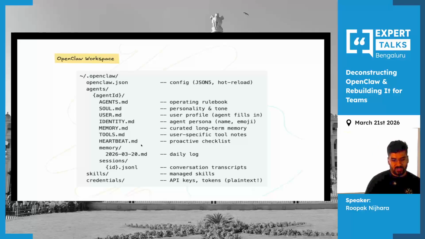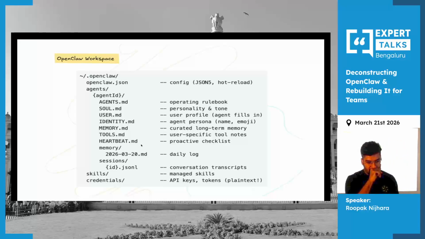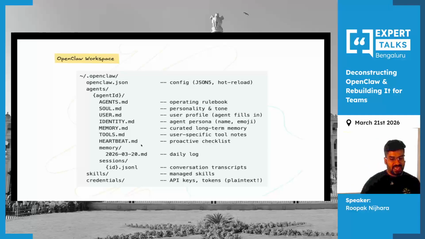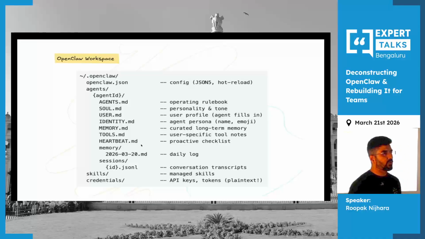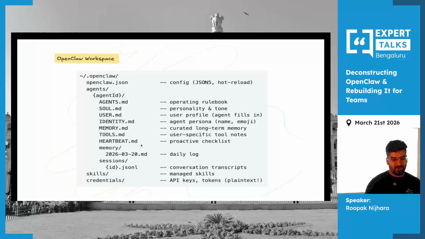Then we have the memory folder itself. We will go a little bit deeper into this later on, but anything that you ask OpenClaw to remember, it will write down here. That's something mentioned in its system prompt. So whatever you say, like, hey, remember this about me, it might write it in user.md, but in general, anything you tell it to remember mostly goes in memory.